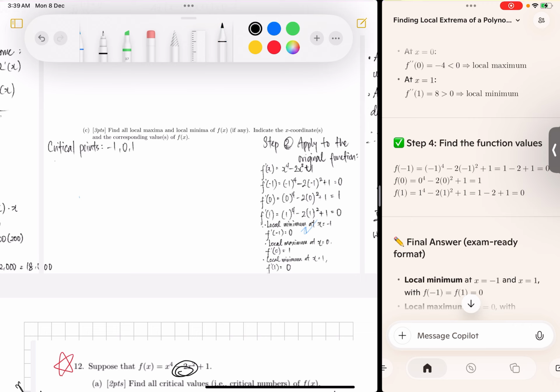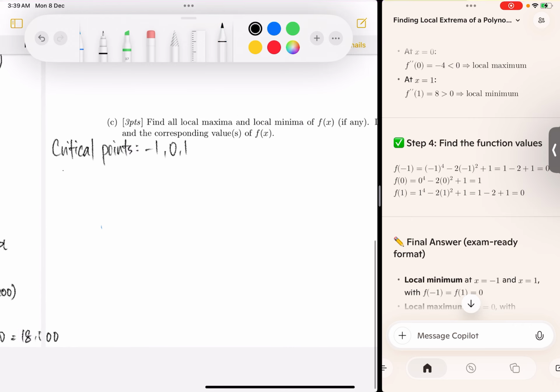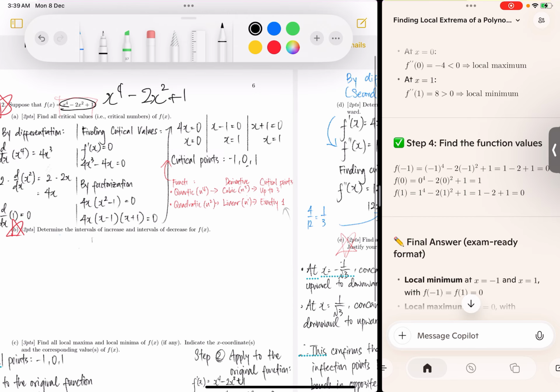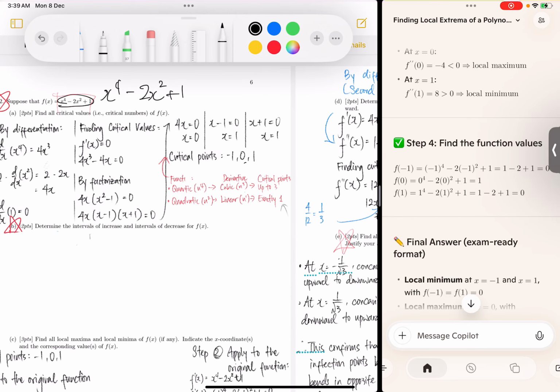We can do this all over again. So we have the critical points and we apply it to the original function. Okay, so we have the original function as x to the power of 4 minus 2x squared plus 1.